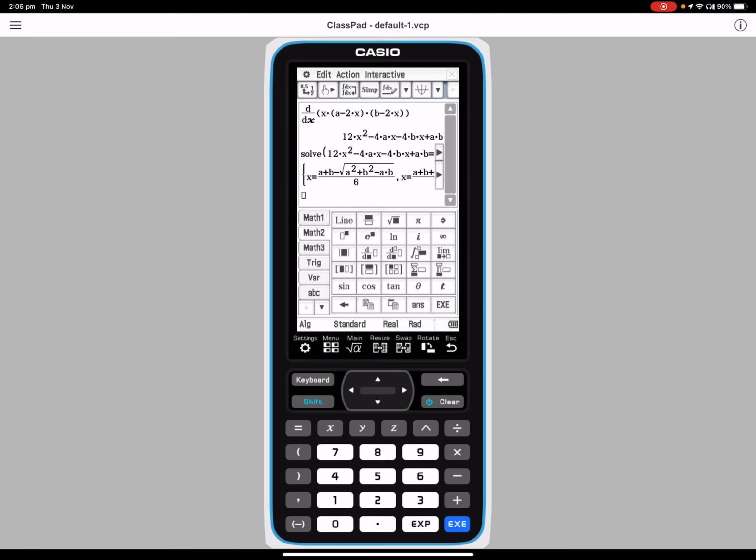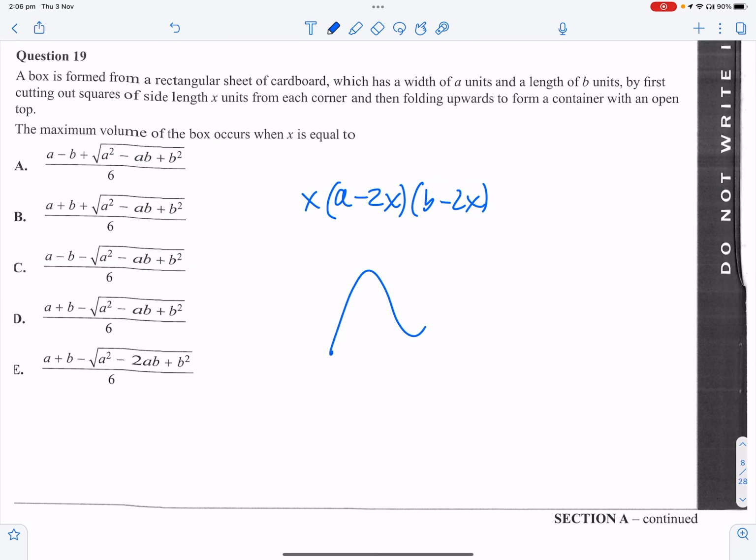Okay, which one's a maximum, which one's a minimum? What do we know? We know it's a positive cubic, so it's got to go like that, which means the maximum occurs at the negative value, because it's got to occur to the left.